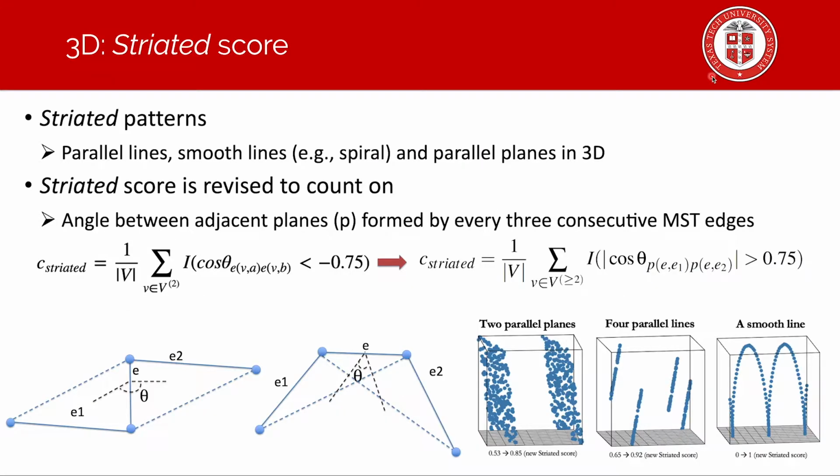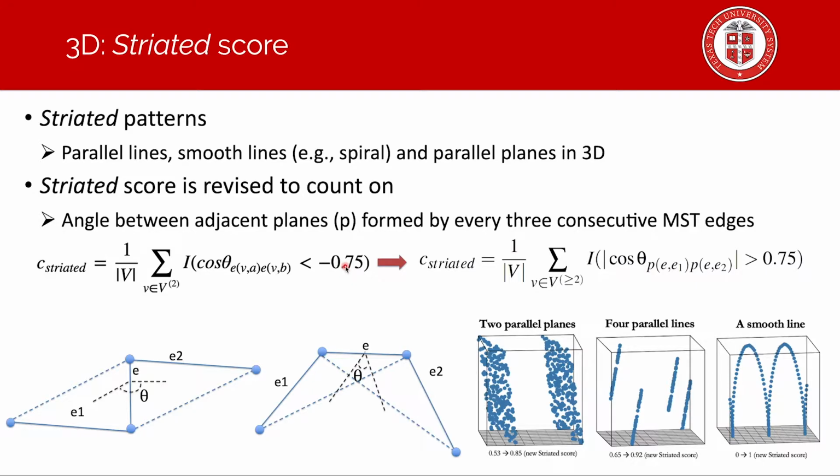3D striated score. Striated patterns include parallel lines, smooth lines, and parallel planes in 3D. The striated score is revised to count on the angle between adjacent planes formed by every 3 consecutive MST edges. In the 2D version, they only consider the cosine theta between every 2 edges of the MST which is smaller than minus 0.75.